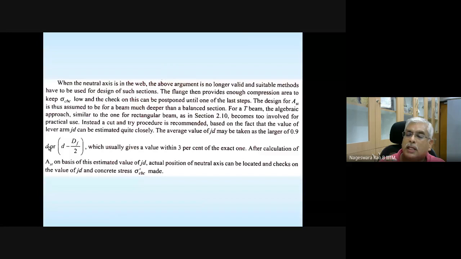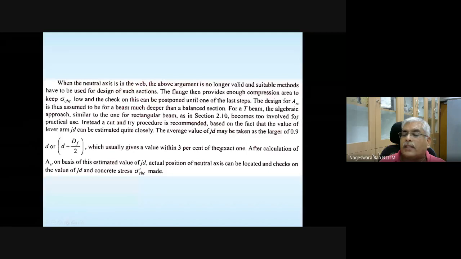Effective depth is the distance from the extreme fiber in compression to the centroid of the tensile steel. So the lever arm distance is taken as 0.9d or d minus df divided by 2, which usually gives a value within 3% of the exact one.